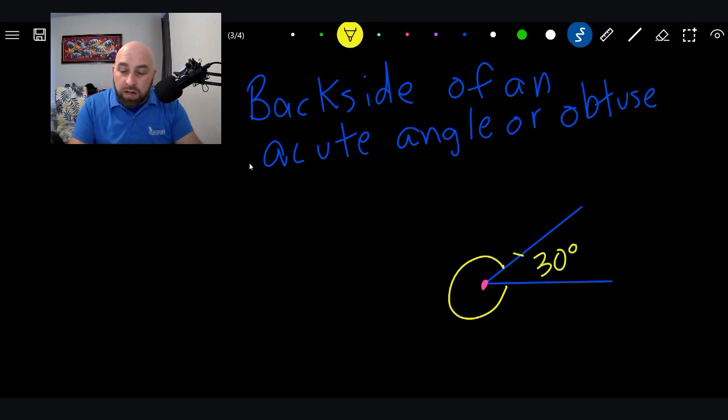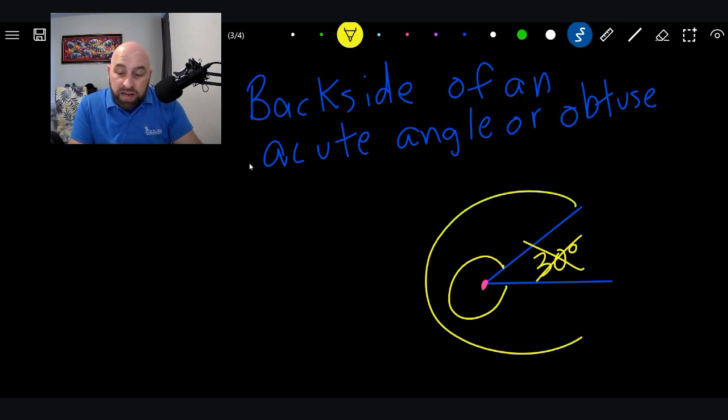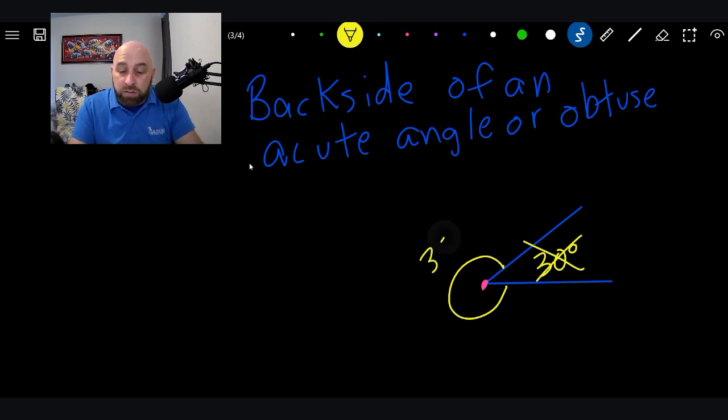We're not talking about this angle, the 30 degrees. We're talking about this one back here. If that is 30 degrees, guess what the reflex angle is? Well, the reflex angle is the rest of the circle. So we take out the 30 degrees. It's 360 minus 30, so this would be a 330-degree reflex. 330. How do you get 330?